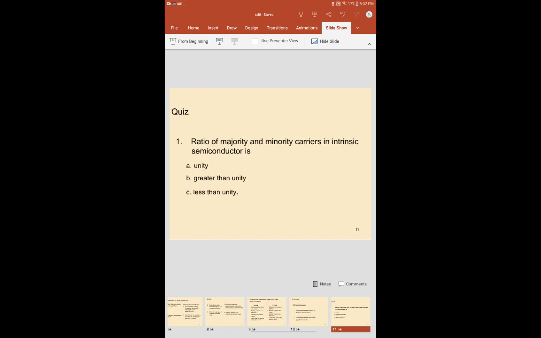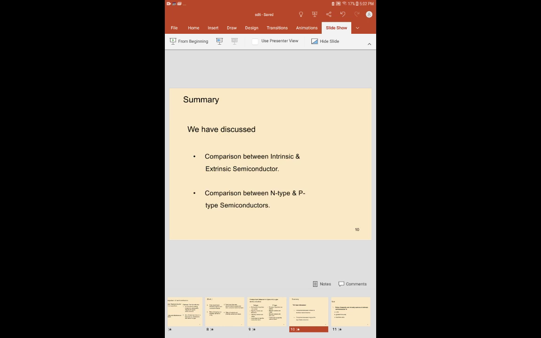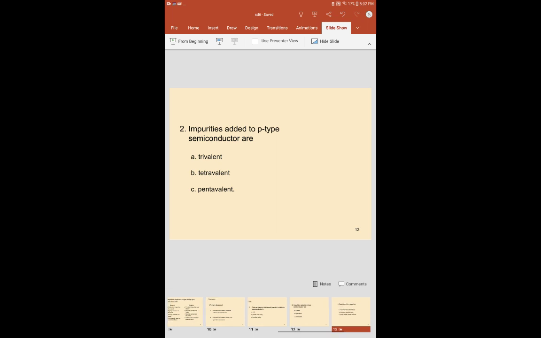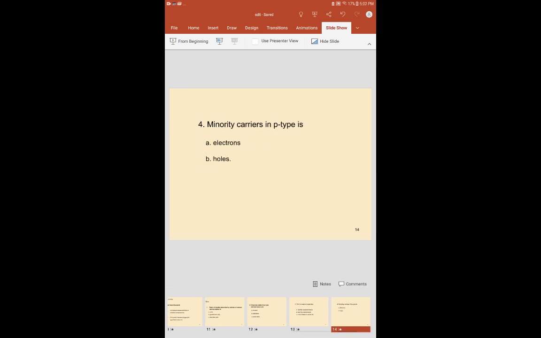What we discussed in today's class: comparison between intrinsic and extrinsic semiconductors, and comparison between n-type and p-type semiconductors. These two comparisons are important. I hope all of you understood about comparison between intrinsic and extrinsic semiconductors.